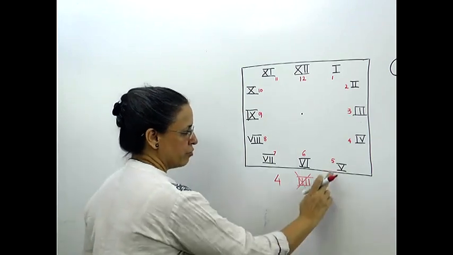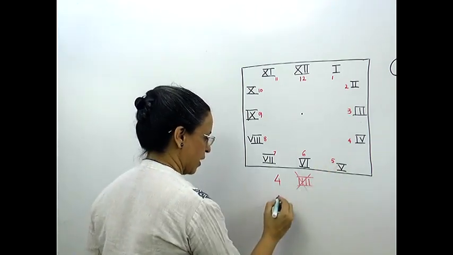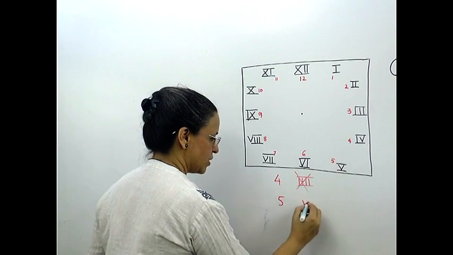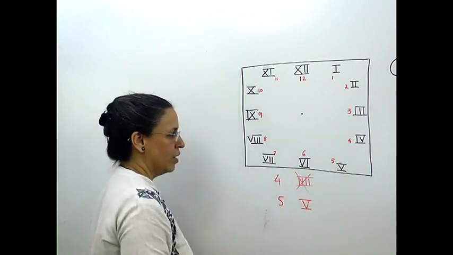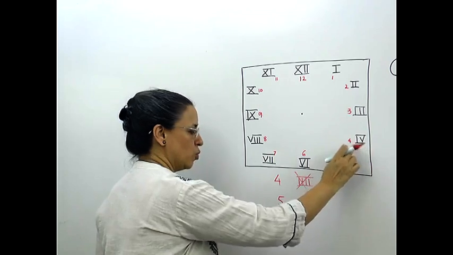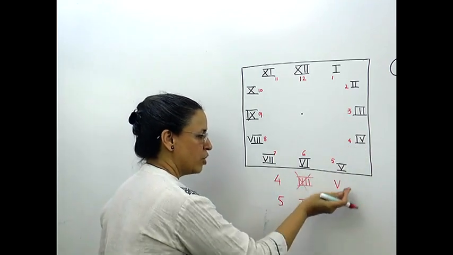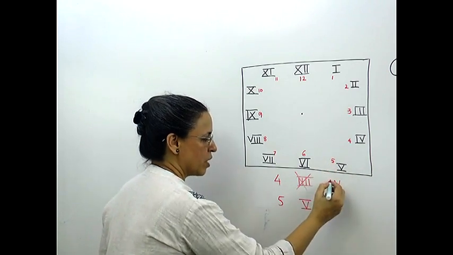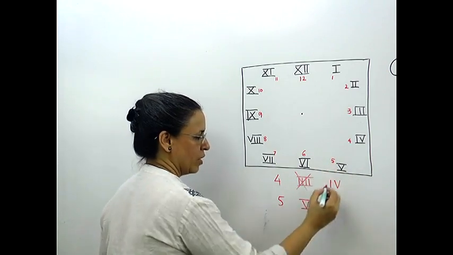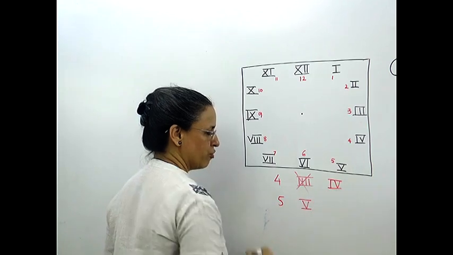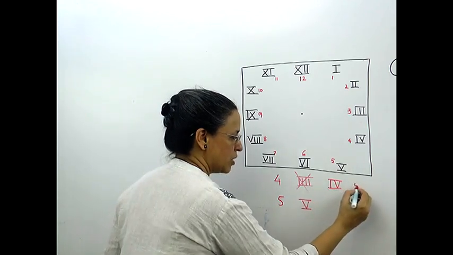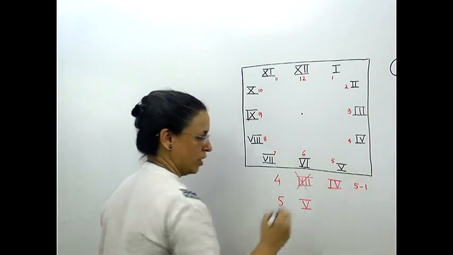The number 5, you can see, is written in this manner, correct? So this is number 5. So the number 4 was written, first write number 5, and then when you write 1 on this side, it becomes minus 1. So this is how 4 will be written, which actually means 5 minus 1.